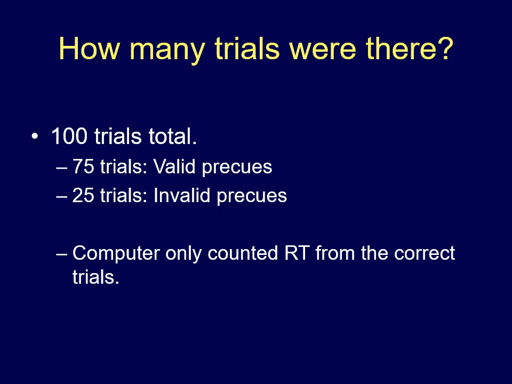So remember the ones that you took too long to respond to, or the ones where the target appeared on the right but you hit left instead, or vice versa. That would be an incorrect response. None of the incorrect responses actually get recorded. Only the ones that are correct count toward the reaction time.